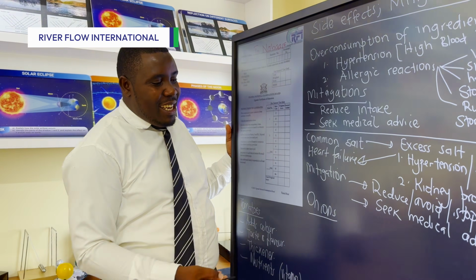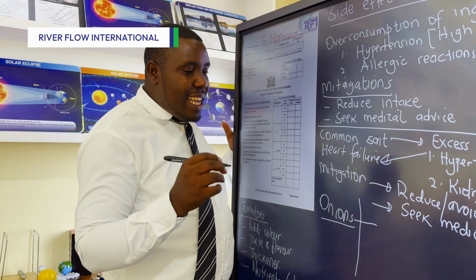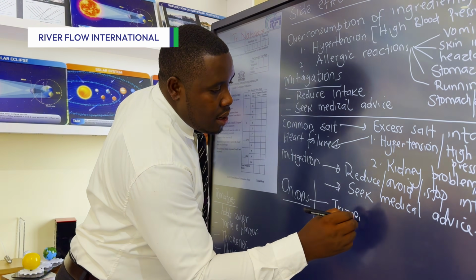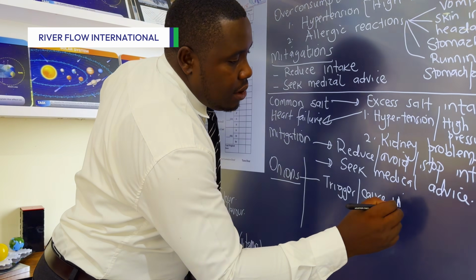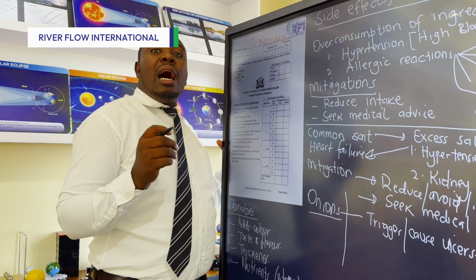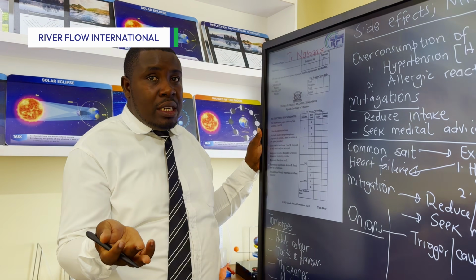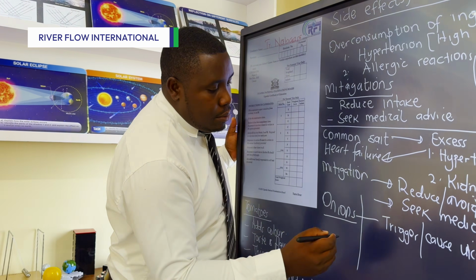The onions are very interesting. Number one, these onions can trigger ulcers. They can also cause ulcers. Very important. I'm sure there are people who have been stopped from eating spicy foods because they have ulcers. So that is where it comes from.